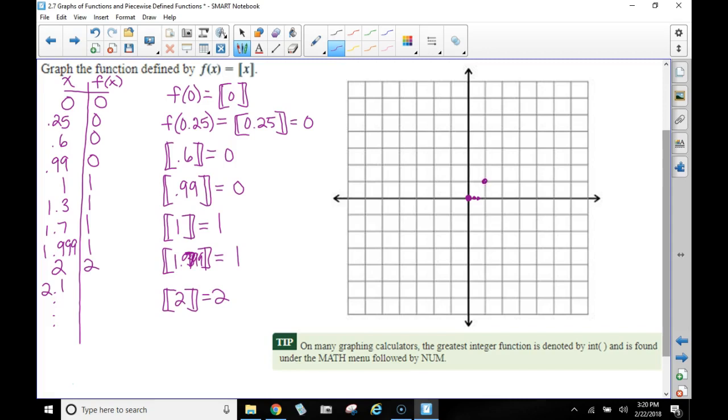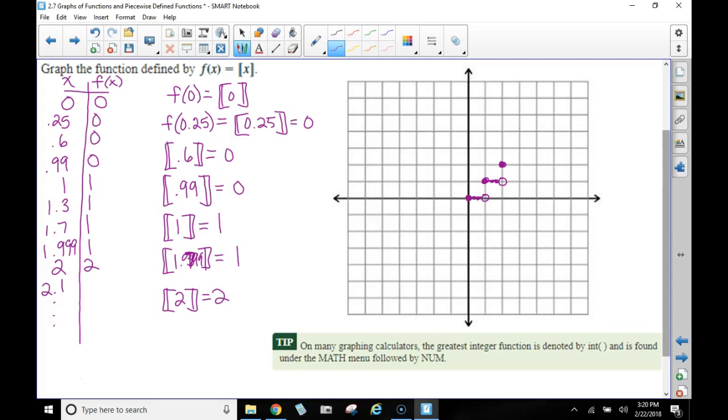And so what we need to do down here on this first step is put an open circle at 1, 0, because when x is equal to 1, the greatest integer is 1. 1.3, 1. 1.7, 1. 1.999, 1. But when we get to 2, it's equal to 2. So put a closed circle there, but an open circle there.